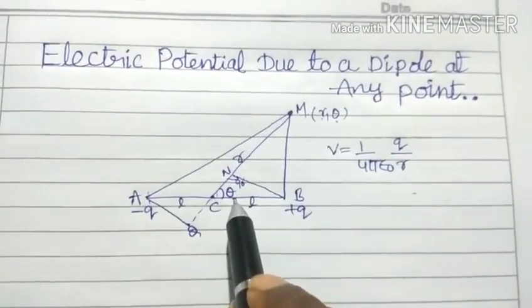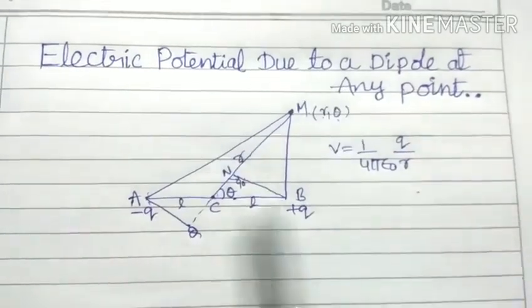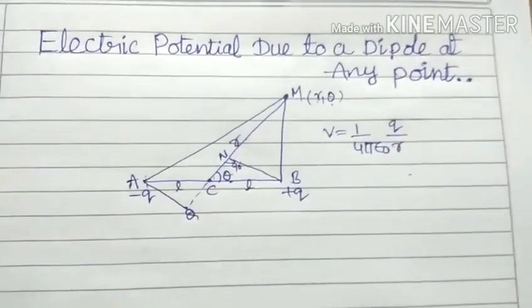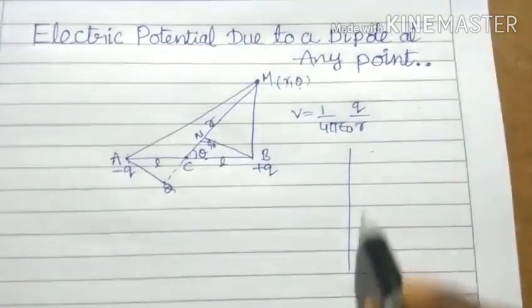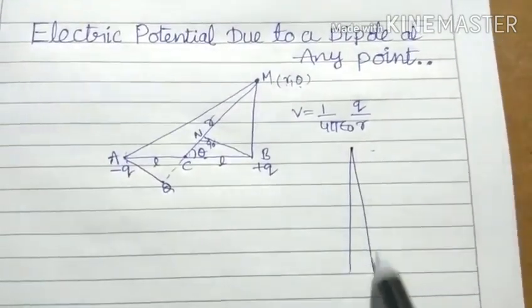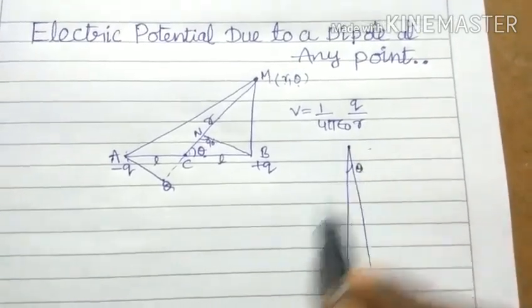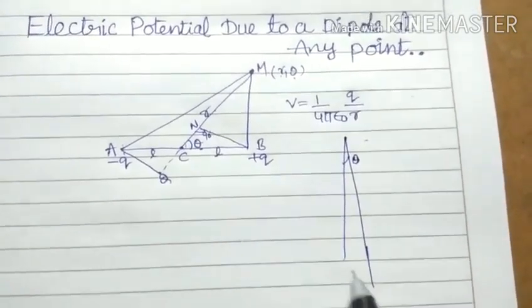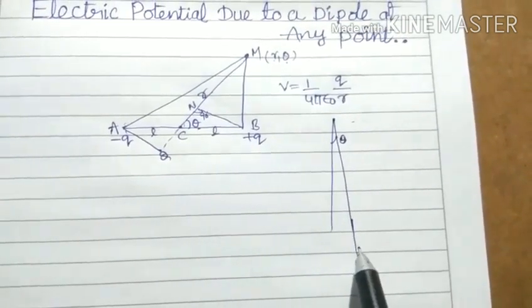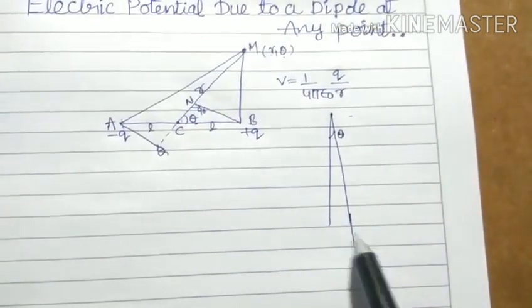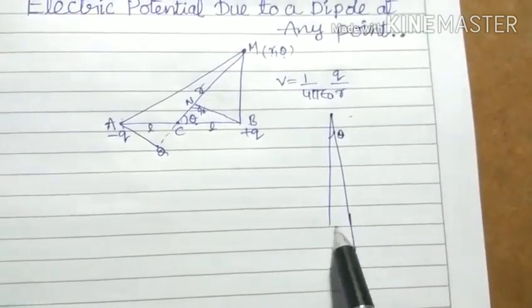So here is the process to find the electric potential due to a dipole. The simple trick is, if there are two lines having a small angle between them, here theta is small, how can we find the difference between them? One method is to find the lengths of the lines and subtract them.